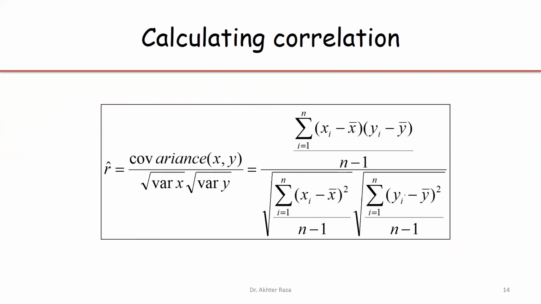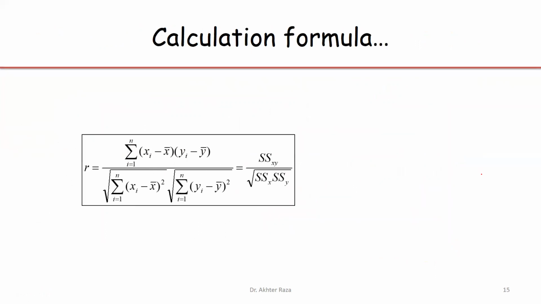Correlation can be calculated by this formula. This is the formula of covariance. This is the formula of variance of x in the root. So we can call it the standard deviation of x, standard deviation of y. SSXY. What is SSXY? It is the numerator of the formula of covariance, the sum of squares between x and y.